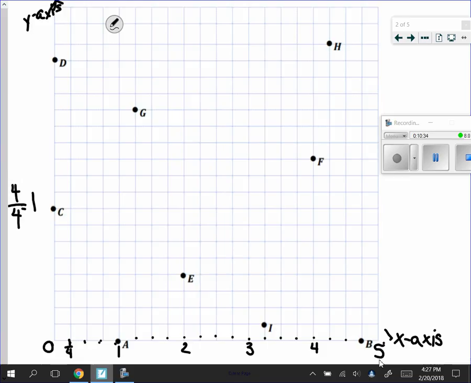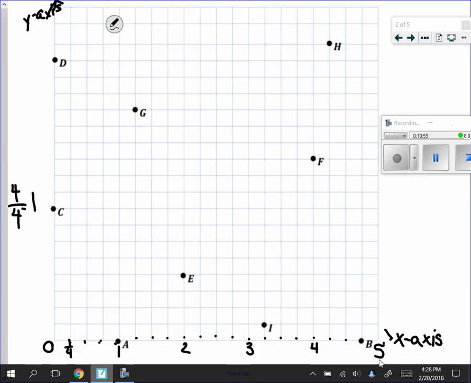So if we want to know what is the x coordinate of A, just the x coordinate, not the coordinate pair, then you could tell me that the x coordinate of A is just 1.